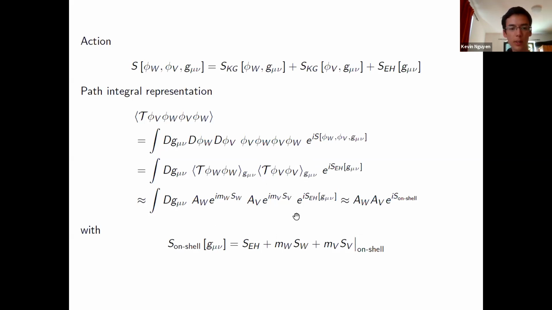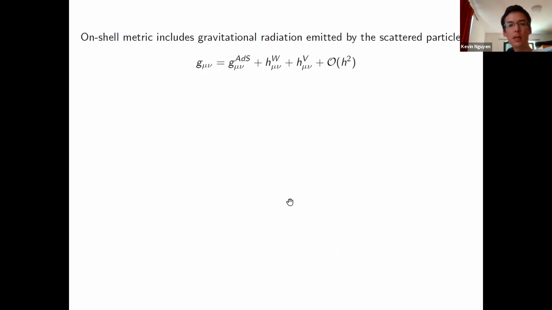So basically, what I have to do is find the metric g mu nu, which extremizes the sum of these 3 exponents, and evaluate the integrand on shell. But extremizing this is basically the same as solving Einstein's equations sourced by two geodesics. Okay, so the solution will be of this form.